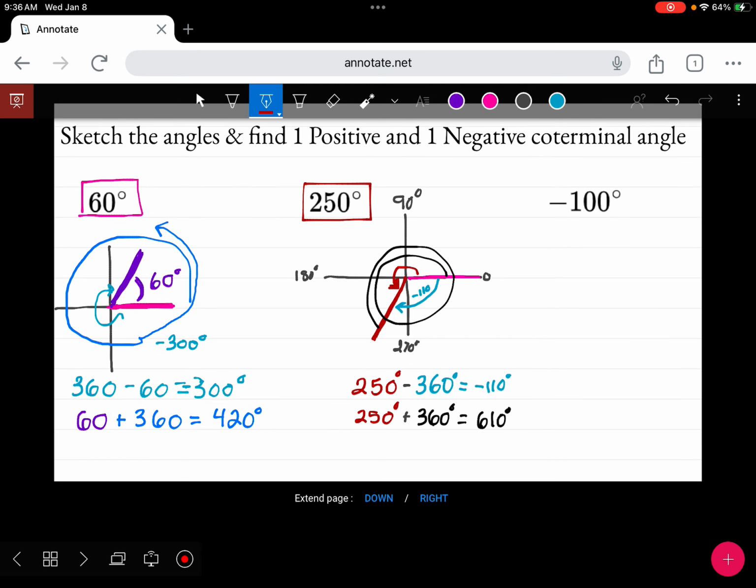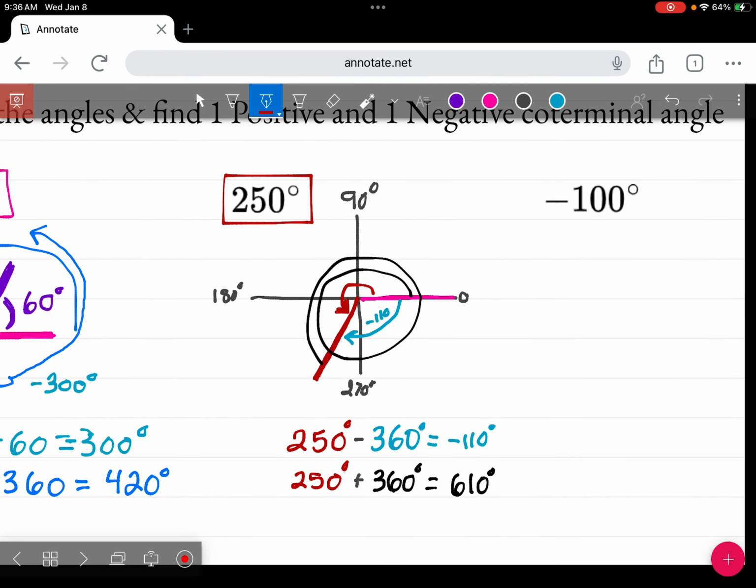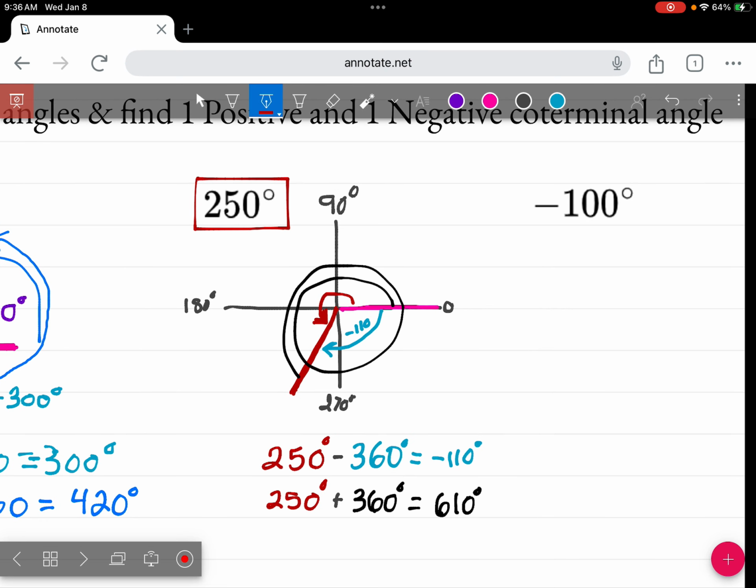Okay, let's do one that starts out with a negative. We're still going to find a positive and a negative coterminal. So we want a positive angle and another negative. So again, I'm going to draw myself a little circle. You don't have to draw the circle if you don't want to. If you just want to put it on the paper and do a hand sketch, totally fine. We're just sketching them out, just trying to give us the tools we have.